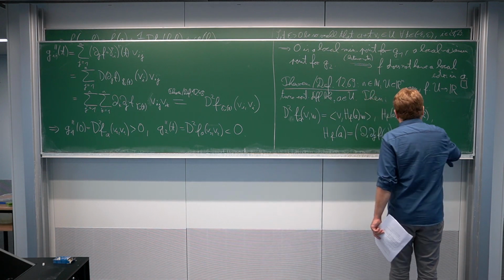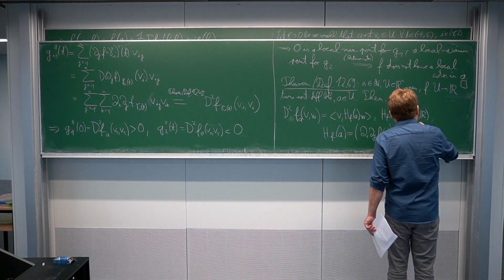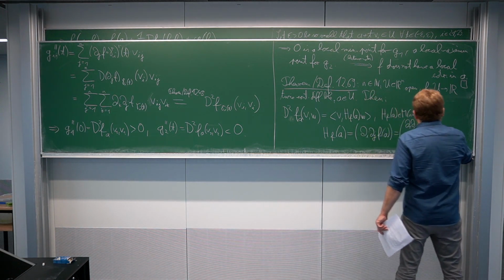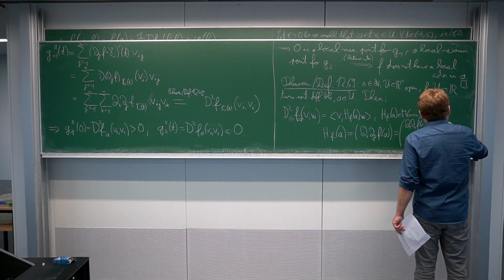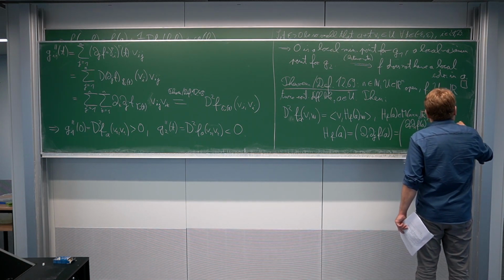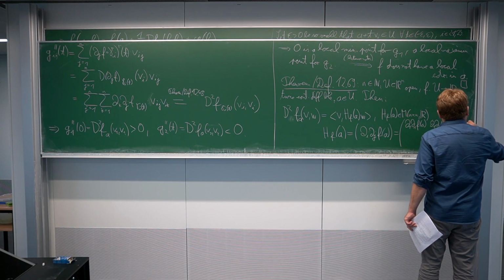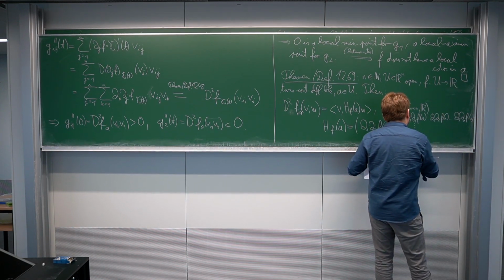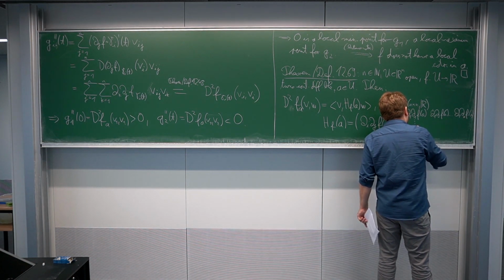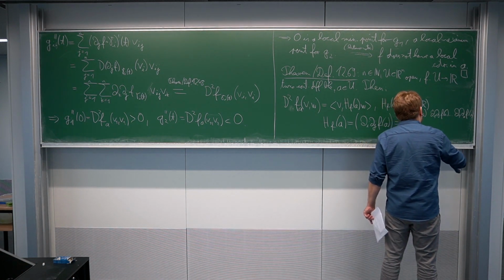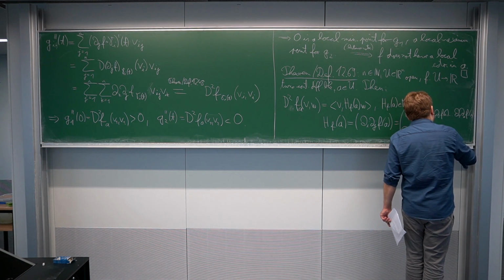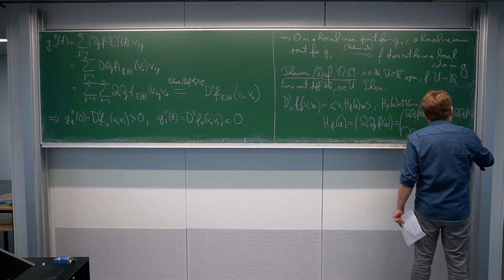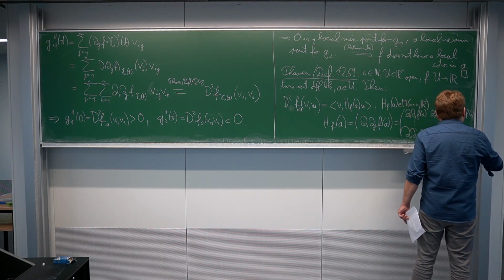So if you write this as a matrix, we have d1 d1 f in a, d1 d2 f in a, and so on to d1 d_n f in a. And we do the same in every row until we get d_n d1 f of a, d_n d2 f of a, d_n d_n f in a.